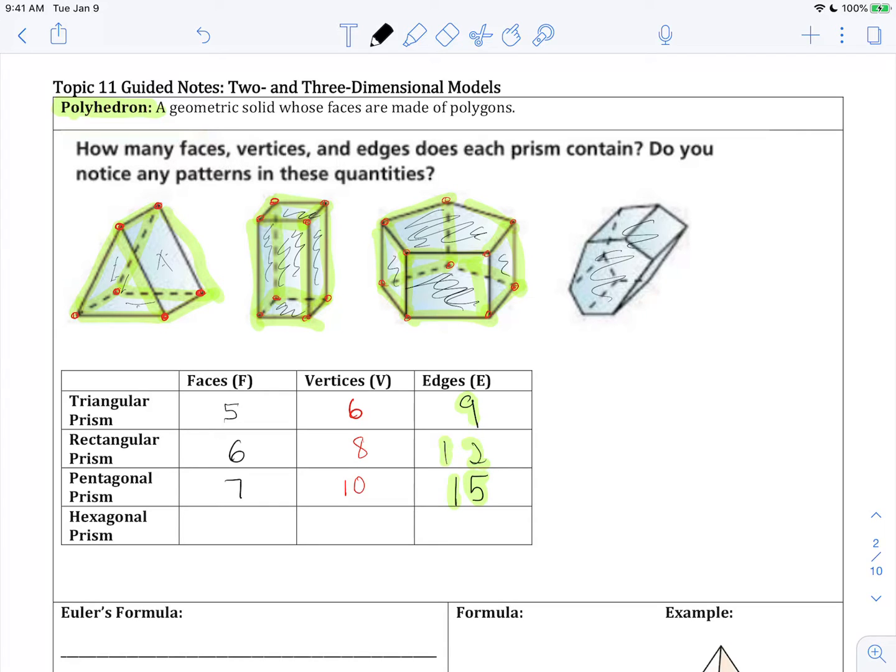Hexagonal, we have the 2 bases, and then 6 more, so 8 faces. It has 12 vertices, and then 18 edges.